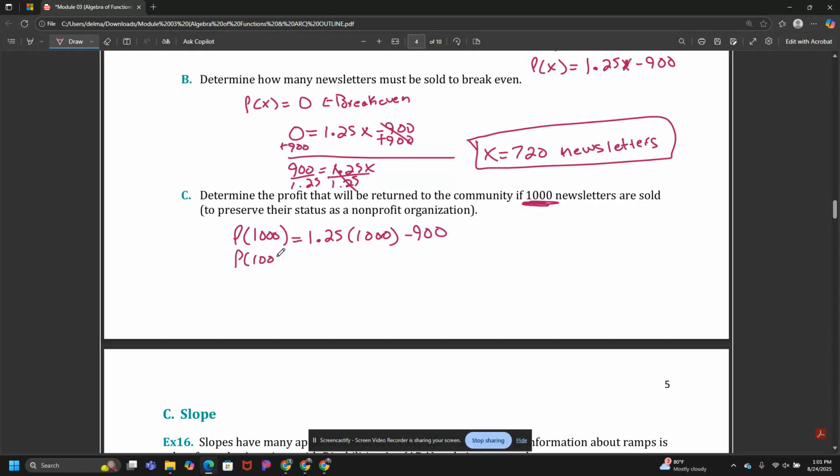P of 1,000 equals 1250 minus 900, because you multiply that by 1,000. It's like moving the decimal 3 places. We're going to combine that, so the profit from selling 1,000 newsletters is $350.